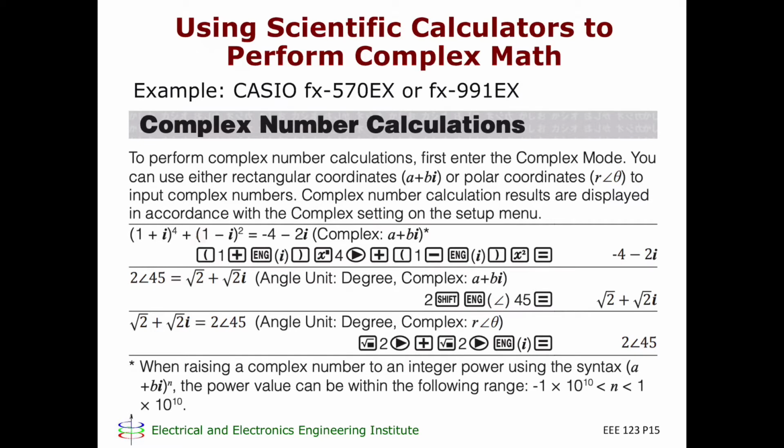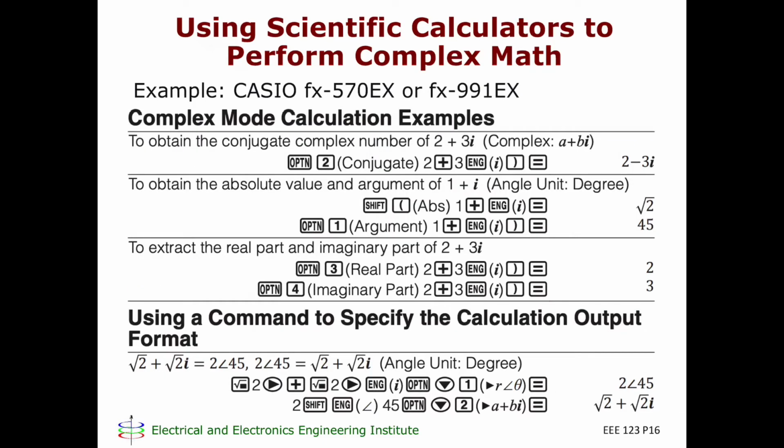You can add a real number to an imaginary number. You can convert from polar to rectangular and from rectangular to polar. You can choose to have your results in either rectangular or in polar. You can do things like getting the conjugate of a complex number.